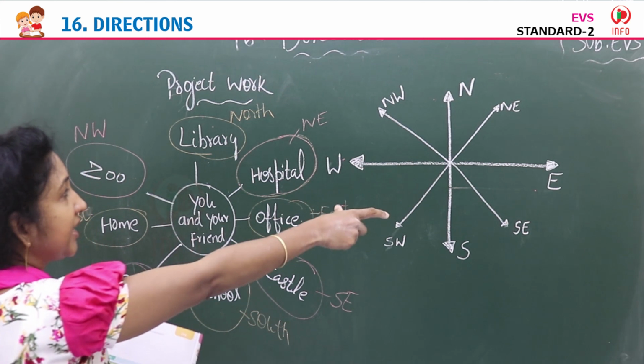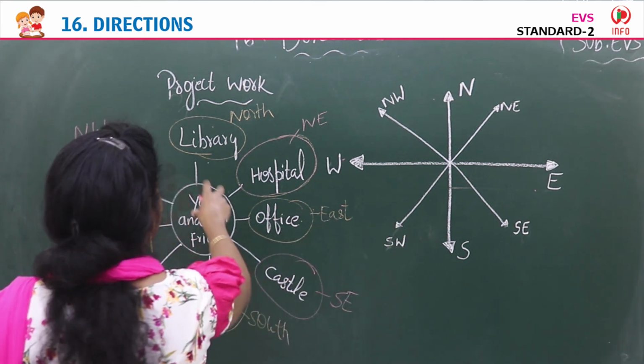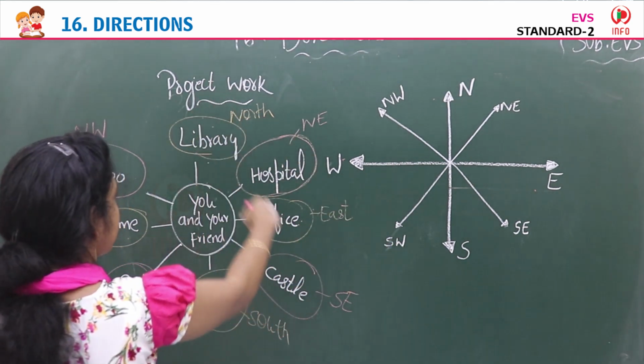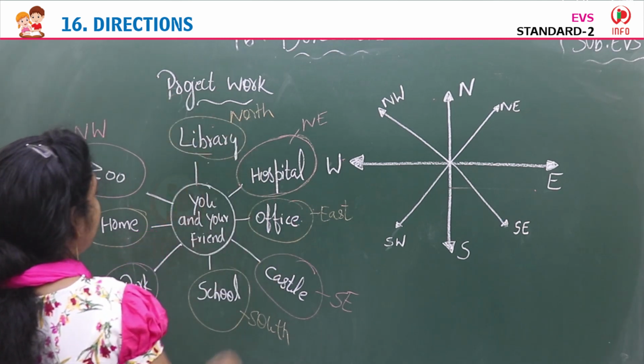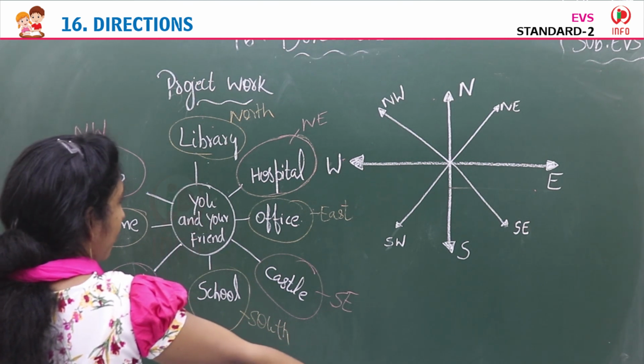So the map is here, children, and the places are here. In the middle, you and your friend. First you see the main directions. Top of you is north, bottom is south. Your left is east and your right is west.